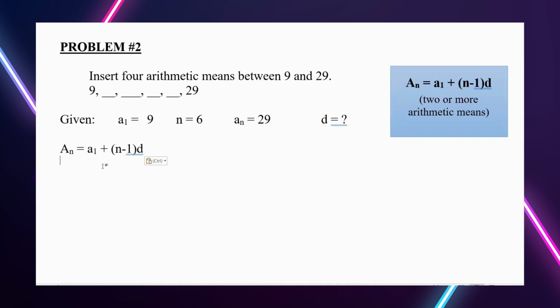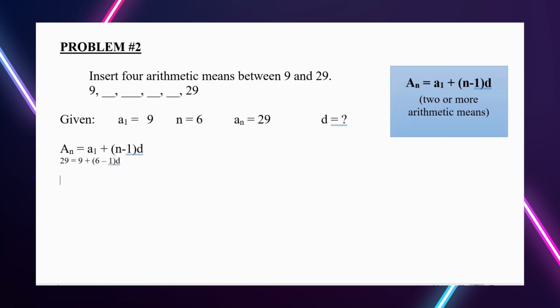So napaka-importanteng kunin muna natin ang common difference kapag 2 or more arithmetic means ang ating hinahanap. So let us substitute the values sa ating formula. Ang ating a sub n ay 29 is equal to a sub 1 is 9 plus the value of n, which is 6, minus 1 times the common difference, which is d.